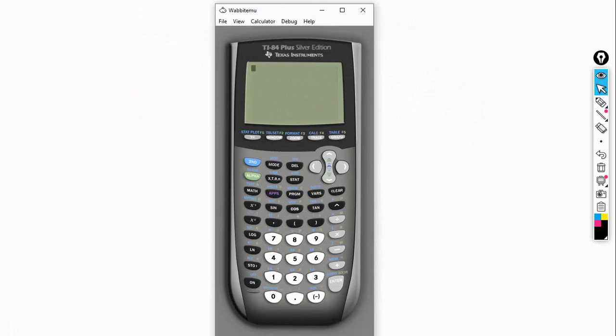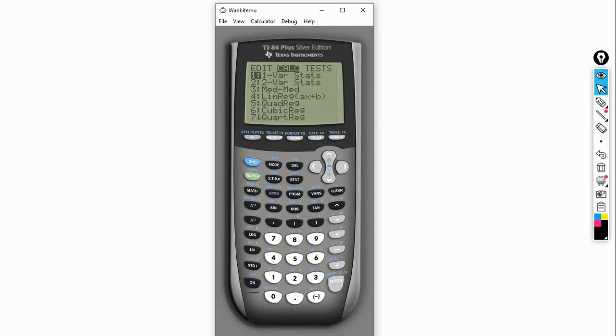So as usual, we want to go to Stats and Edit, and notice that I have already entered in List 1 the volumes and in List 2 the weights. So we want to find the regression line, right? Or the least squares regression line. So let's just go to stats again, and we go to calculate.